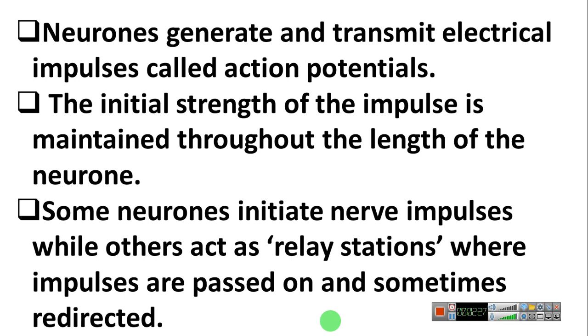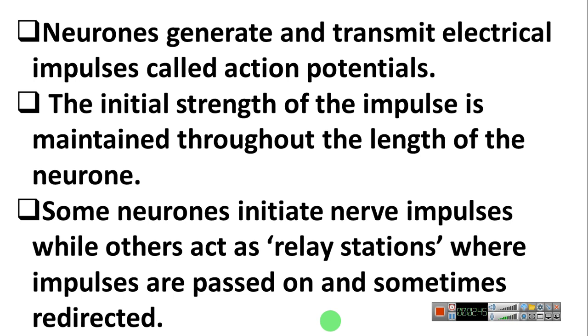It means a change of ions outside and inside of the nerve. We call it an action potential. The initial strength of the impulse is maintained throughout the length of the neuron.